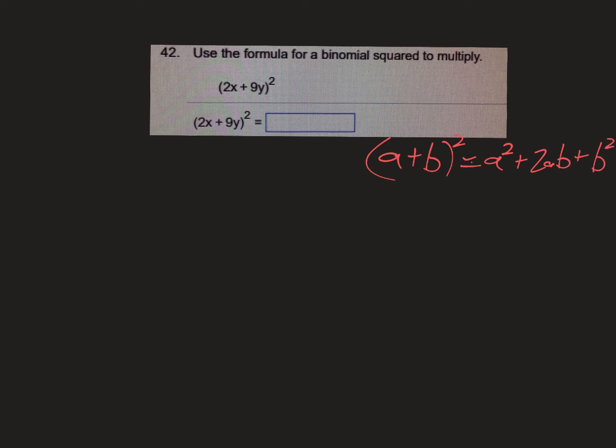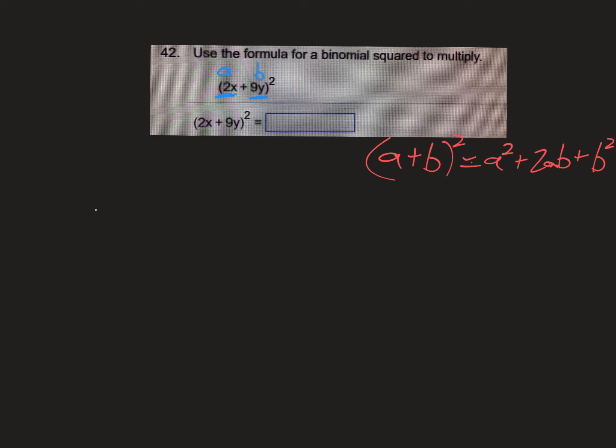And I purposely didn't use x and y again because I know our problem has x and y in there. But basically, what we have to understand is the first piece is going to be our a, and the second piece will be our b. And we can just fill in the right-hand side of the formula pretty simply.